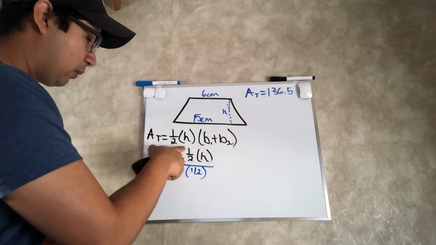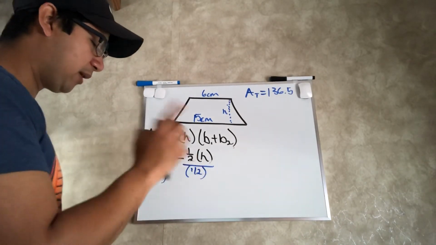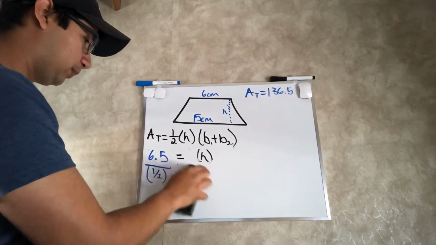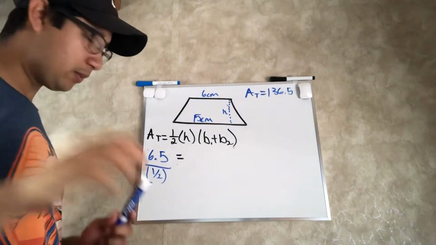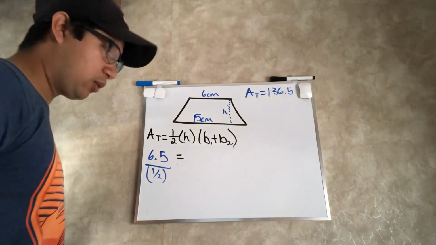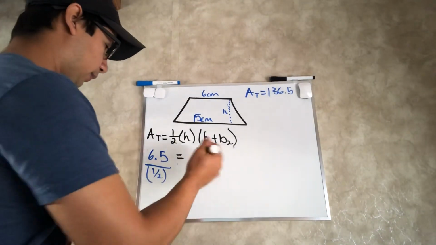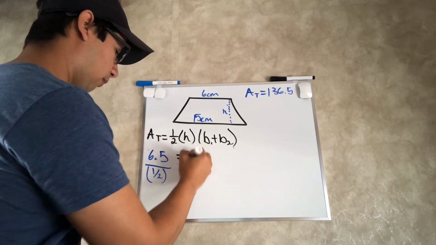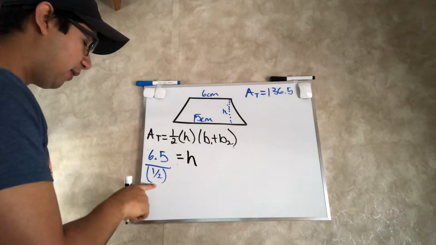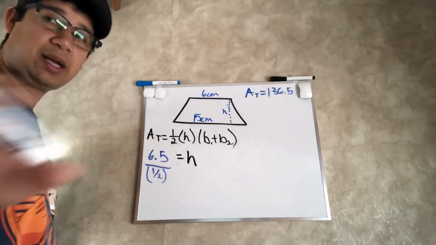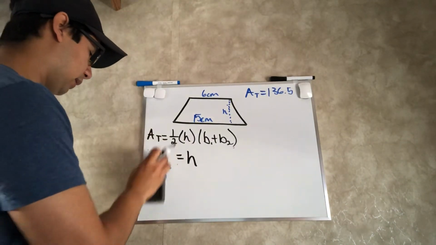So half divided by half gives you 1, so we're left with 1h. And 6.5 divided by 0.5, we get 13.